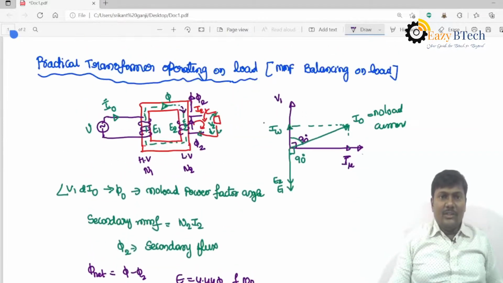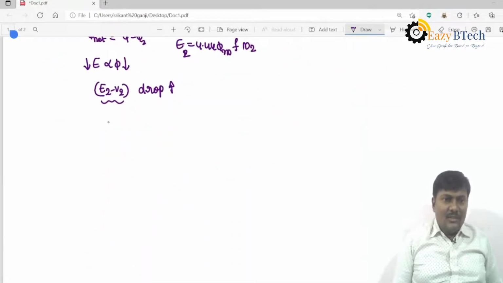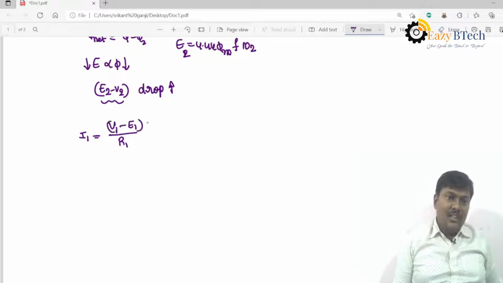The primary voltage is V1 and the induced EMF is E1. If the winding has a resistance, then this current is called the primary current. If the E1 value decreases, then V1 minus E1 will increase.